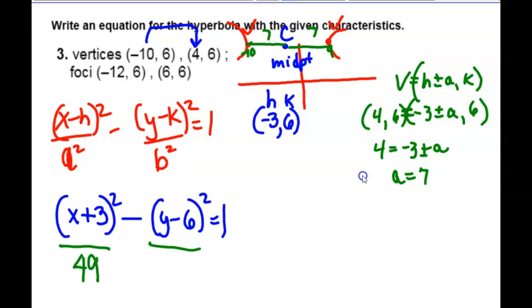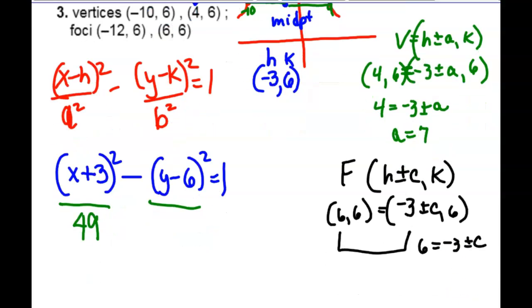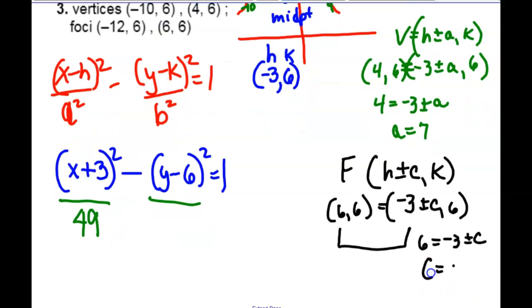We have to find C. What's the equation for foci? H plus or minus C comma K? And one of the foci is at, I'll use 6, 6. And H is -3. So if 6 equals -3 plus or minus C, that means C is 9.